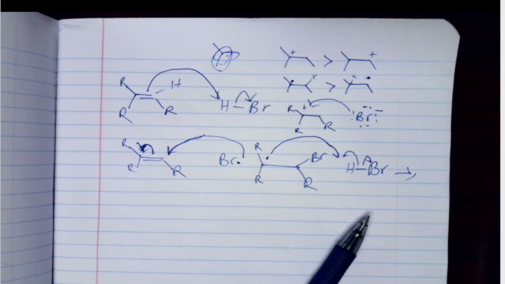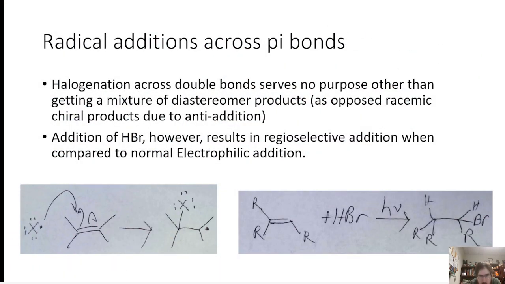So we get the opposite addition because it's adding the functional groups in the opposite order. So that's just something to think about. By adding HBr instead of Br2, you can get the opposite regioselectivity.